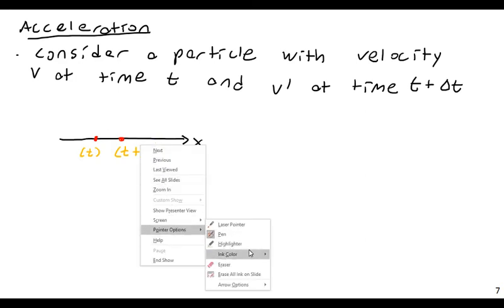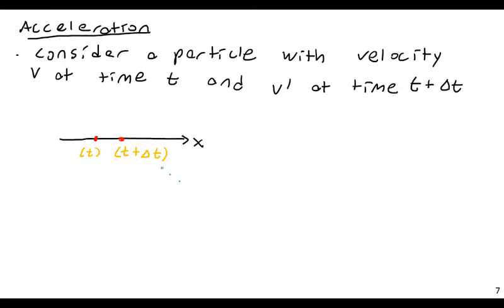And then, in terms of velocities, let's say that this is v at this point, at time t. So I'll have v here. And then this here is a higher velocity, or could just as well be a lower velocity, of v plus delta v.